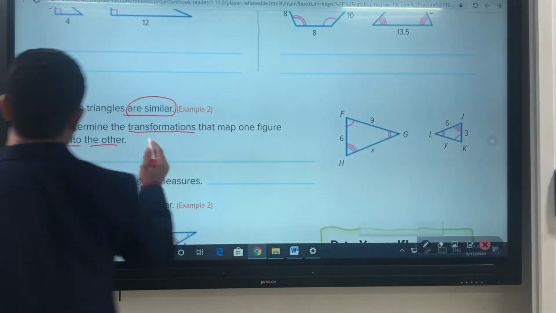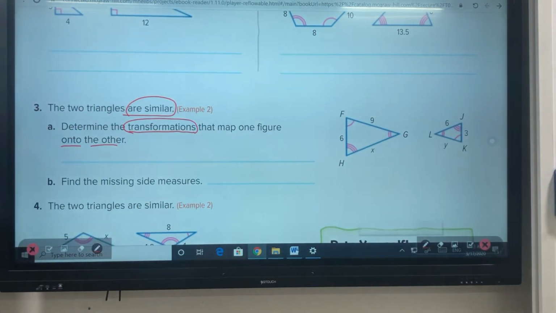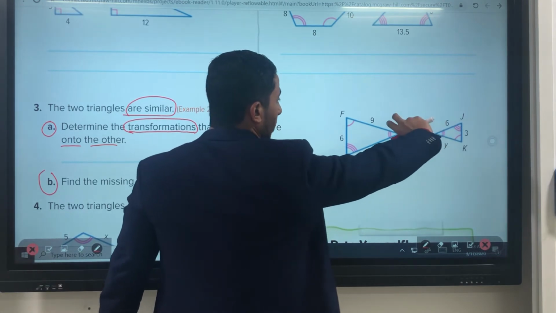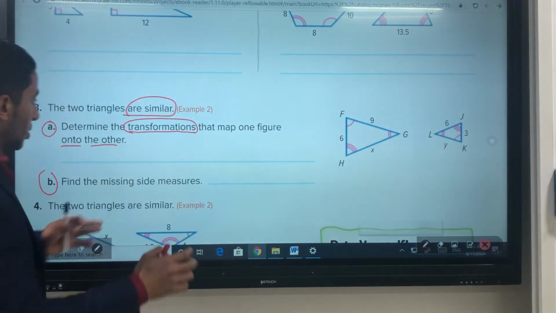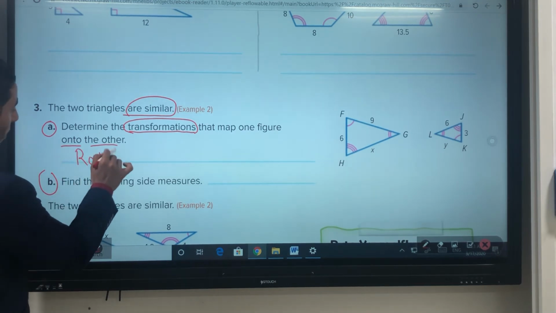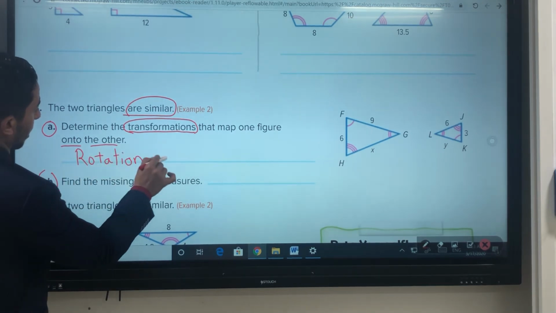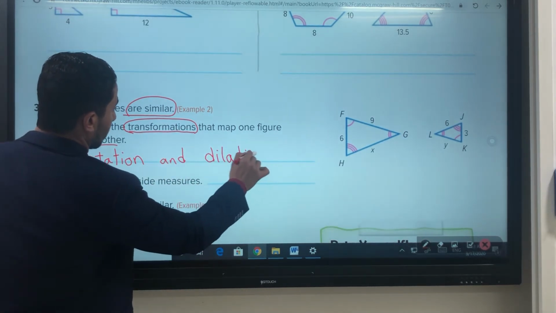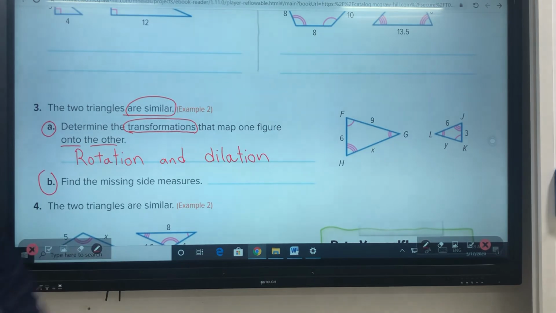I use a transformation here, yes, because the question has two parts. So I use a rotation and then dilation. This is the first part of the question.